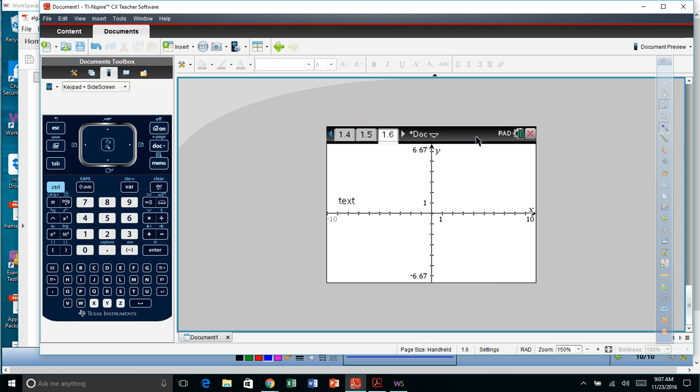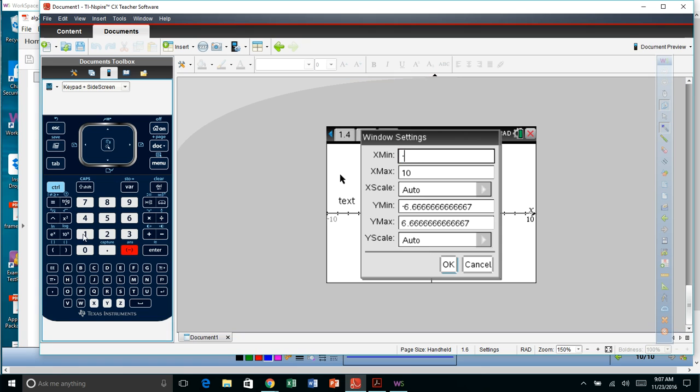So for x, I'm going to put -1, and then 20 years, and then I'm going to say 5 there. And for y, -1, and then I know I'm looking for it to pass 2,000, so I'm going to go ahead and put 2,200, and let's see, 500.